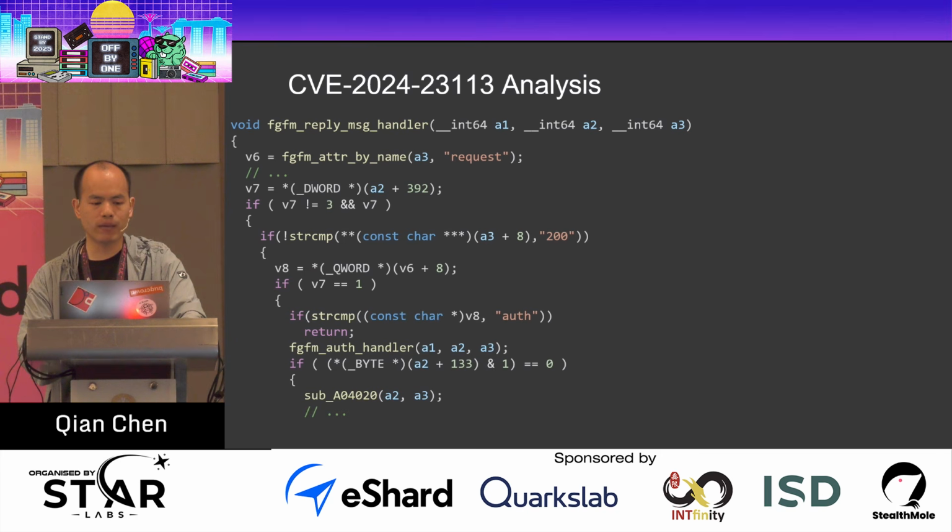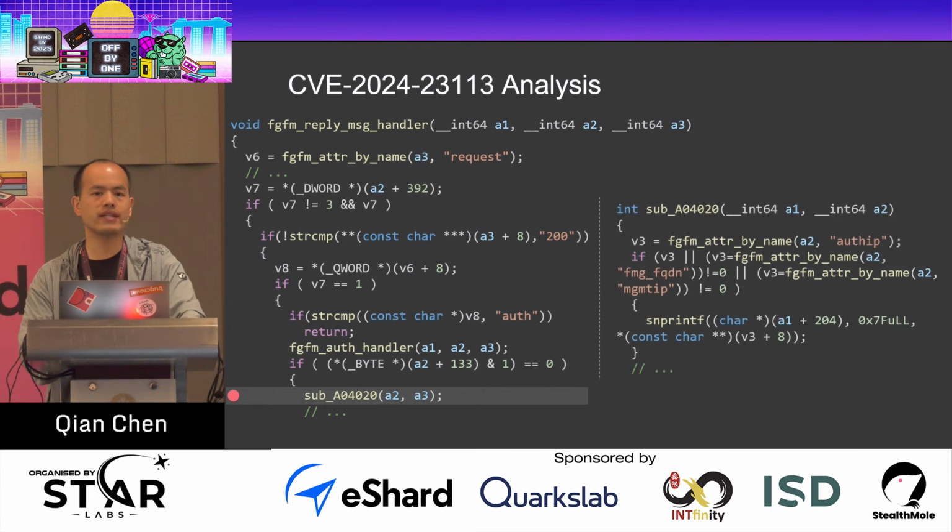In the FGFM reply message handler function, corresponding routines are executed based on the parsed data component. In certain cases, this leads to a call to the sub-802040 function. In the sub-802040 function, as we can see, there is a critical flaw in the snprintf call.